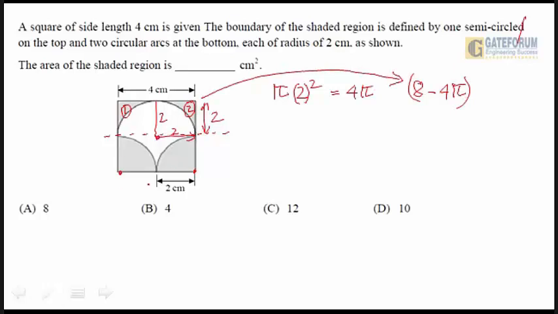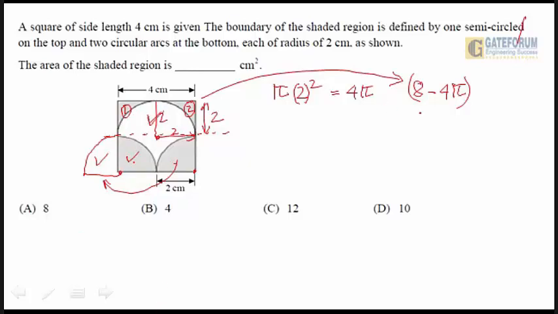Now let's go on to this. See, these are two quarter circles. So had I shifted this circle here, this would have become the semicircle itself. So the area of these two is the area of this semicircle only.